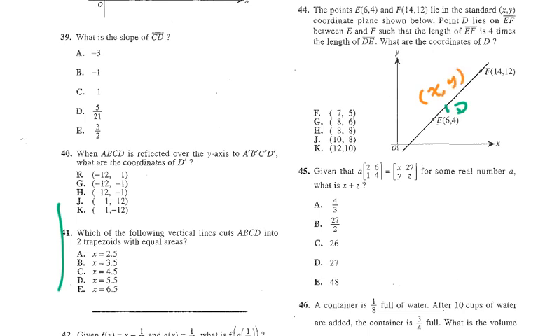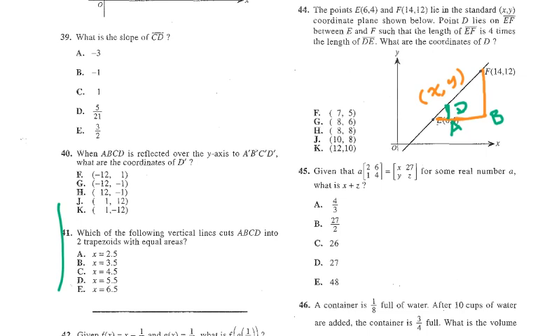Then we will form a triangle from E and F. Then let's label here's A, here's B. Now let's label the sizes. It's given.